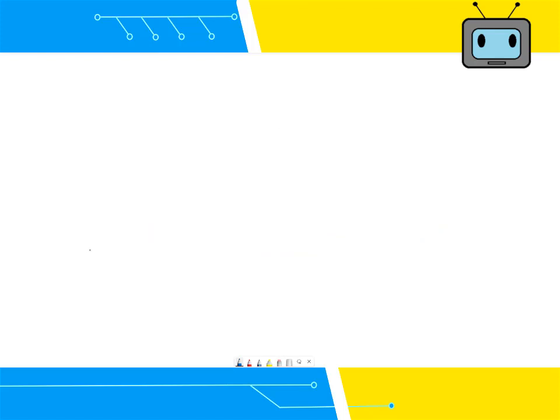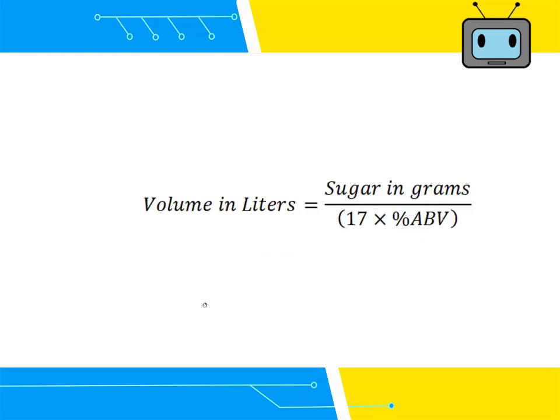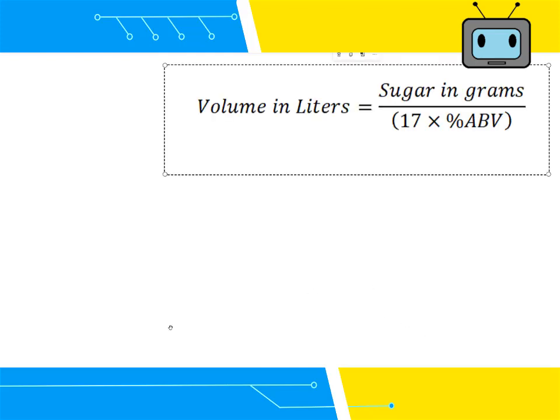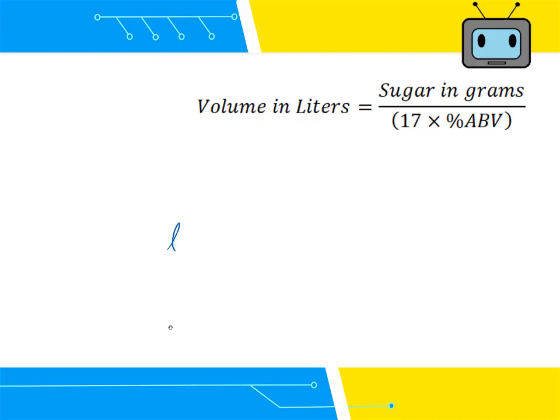But we can also rearrange the formula so that we can figure out how many liters do I require to get a specific ABV. So let's use our 5 kilograms of molasses, which has 3,000 grams of sugar.